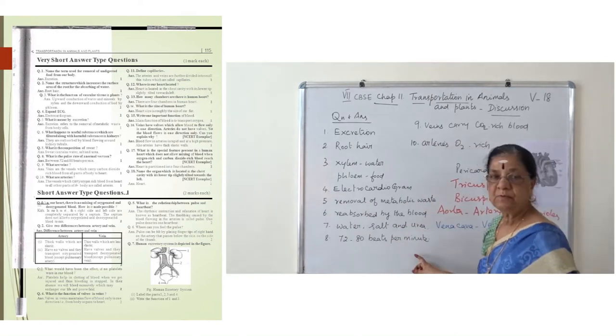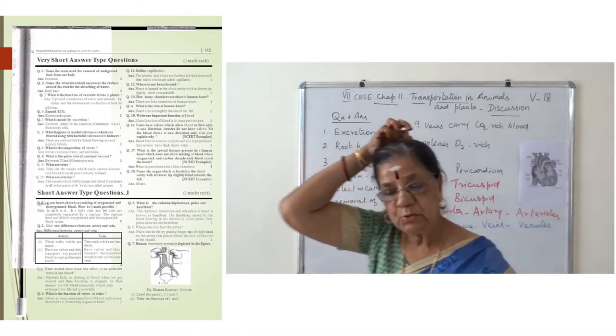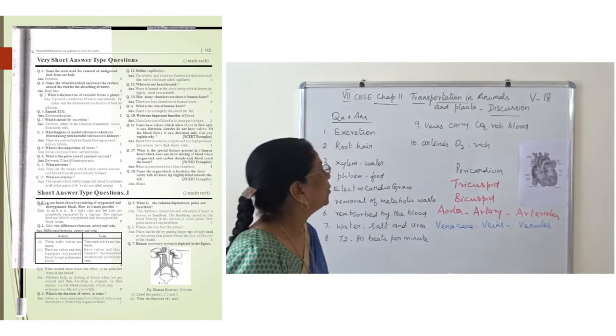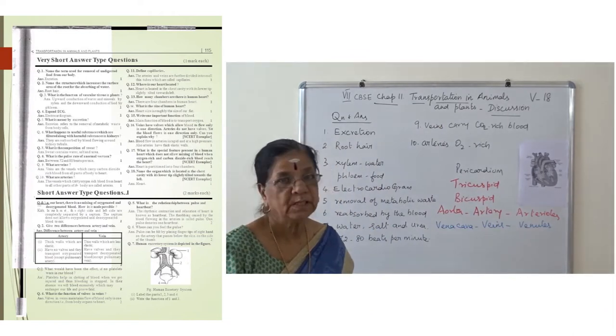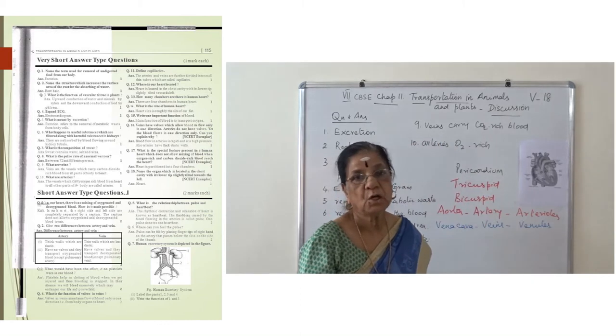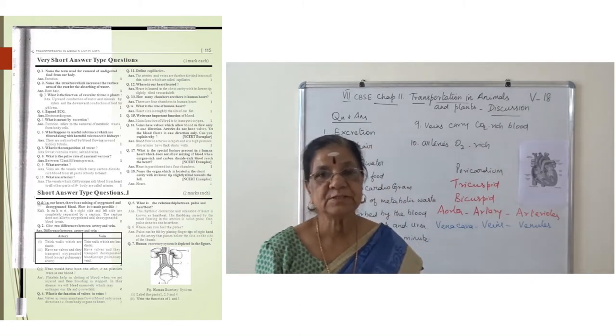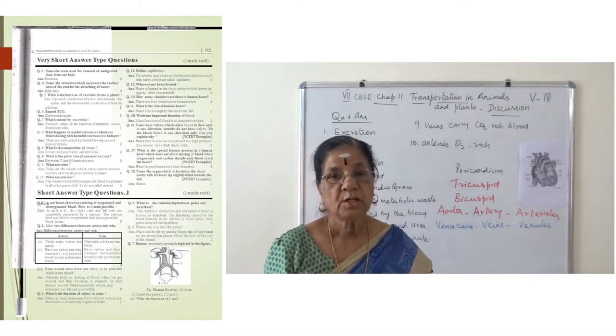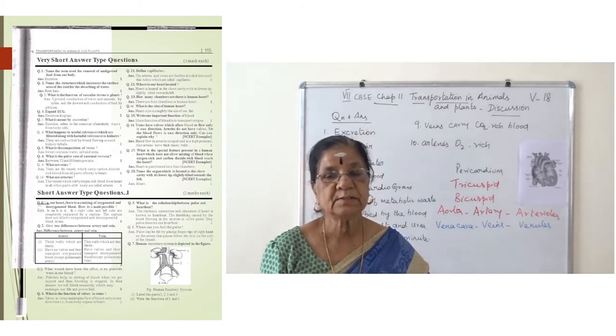I hope you could follow this. Now question 9. What are veins? Veins are blood vessels which carry carbon dioxide rich blood or deoxygenated blood, otherwise impure blood.